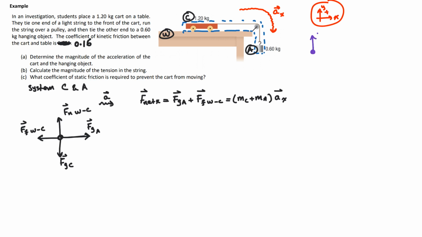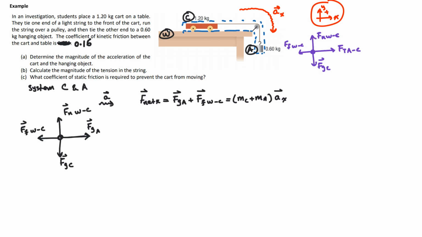There's a normal force acting from W to C. There is a gravitational force acting on C. There is the tension force acting from A to C, and there's force of friction acting from W to C. This force of friction will be the normal force acting on the cart multiplied by the coefficient of friction.